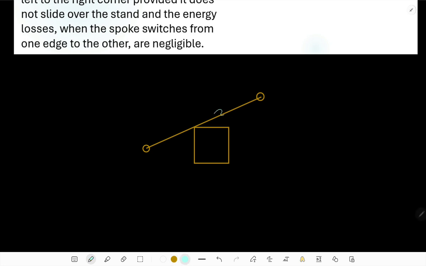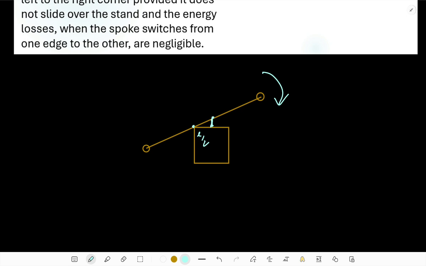And where is the midpoint of the rod? Suppose that this is at this point and it is right above the center of the upper surface of this cube. So this length is going to be L by 2, and for the time being it's going to rotate about an axis passing through the left corner of the cube, and it is going to rotate like this.